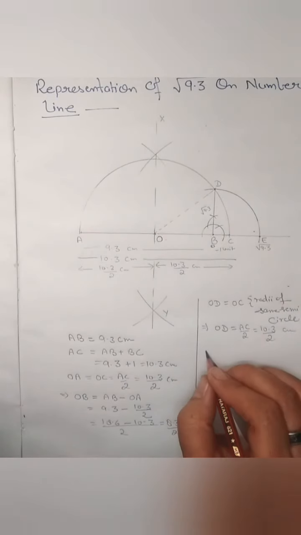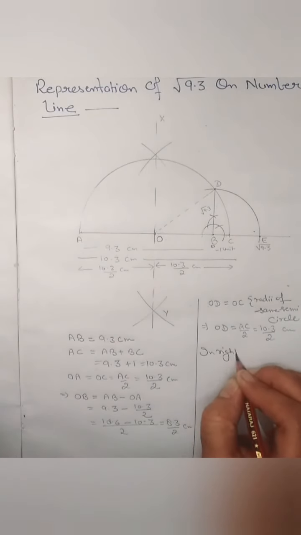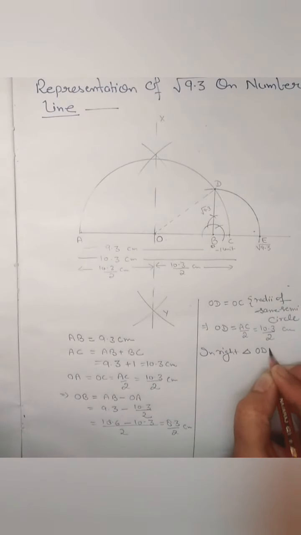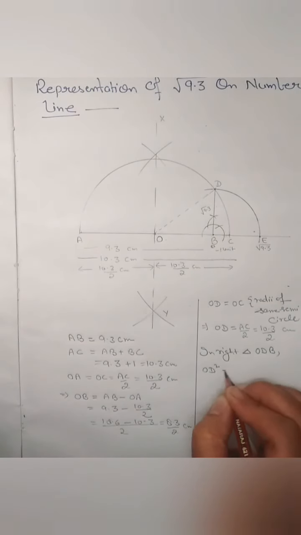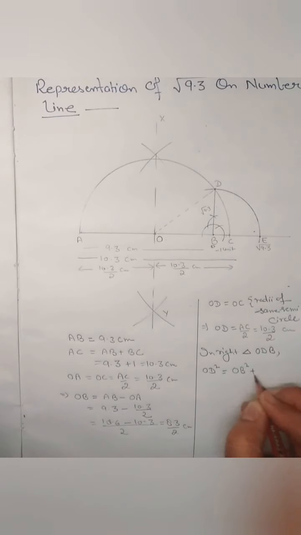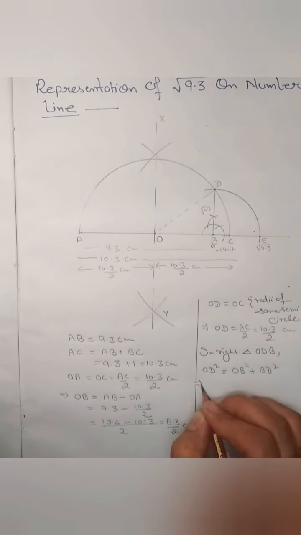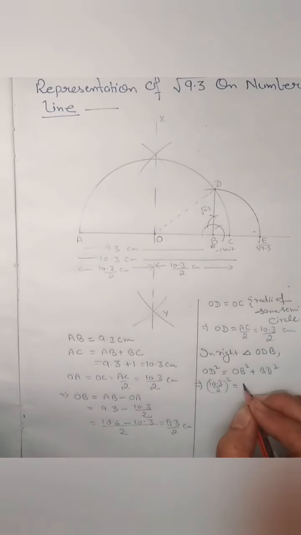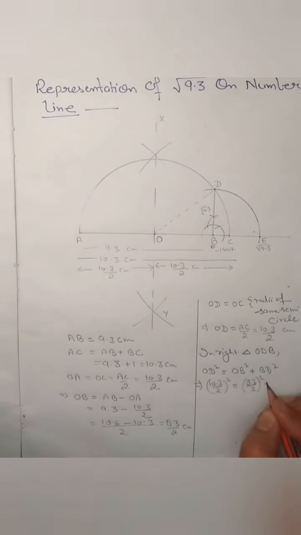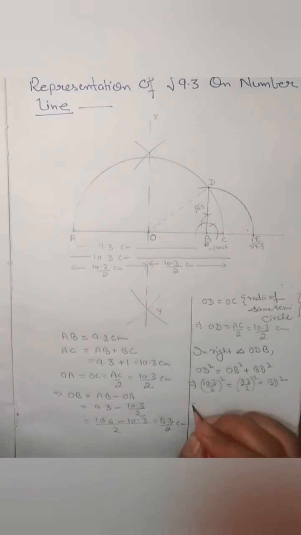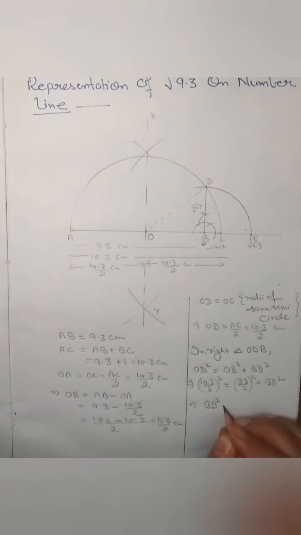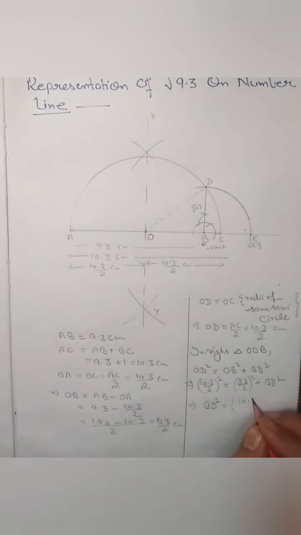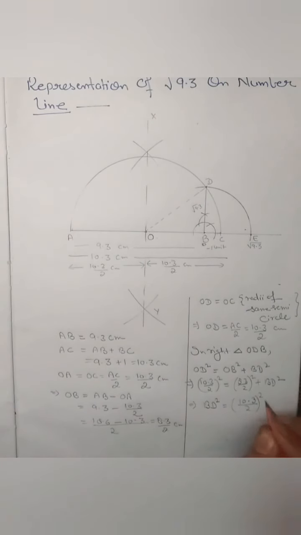Now if we apply Pythagoras theorem in right triangle ODB, we can write OD square is equal to OB square plus BD square. OD is 10.3 upon 2, equal to OB square, which we have calculated right now, 8.3 upon 2, plus BD square. If we calculate, we can see that BD square is equal to (10.3 upon 2) square minus (8.3 upon 2) square.